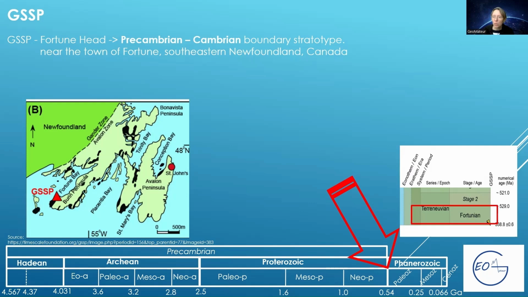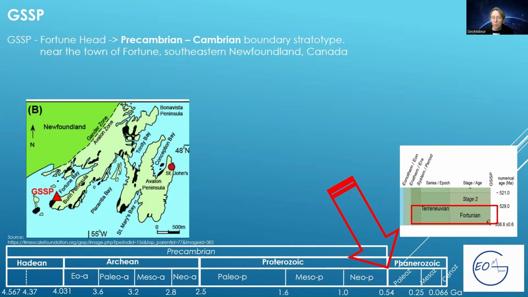I'm using in this moment units for chronostratigraphy because we are talking about physical rock layers and the border between them. This GSSP is located near the town of Fortune, so that's why the name Fortunian, in southeastern Newfoundland, Canada.